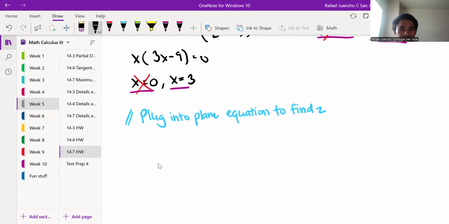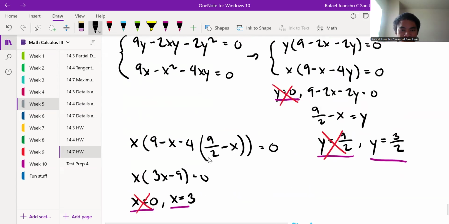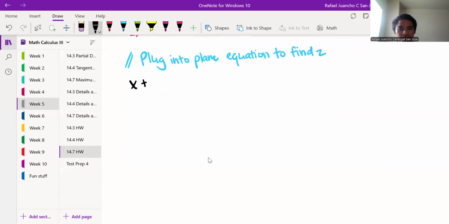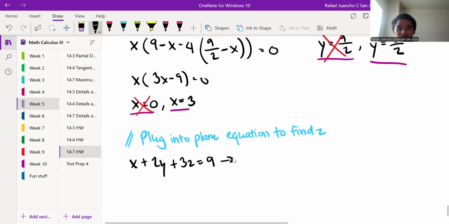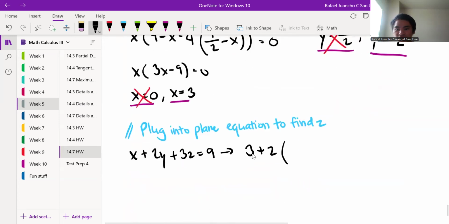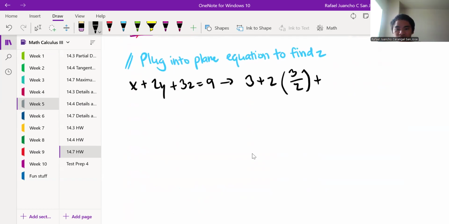This would be my plane: x plus 2y plus 3z equals 9. This is just going to be my x, so that's 3, plus 2 times 3 over 2, plus 3z equals 9. This is 3 plus 3, that's 6. 6 plus 3z equals 9. 9 minus 6 is 3. z is 1.